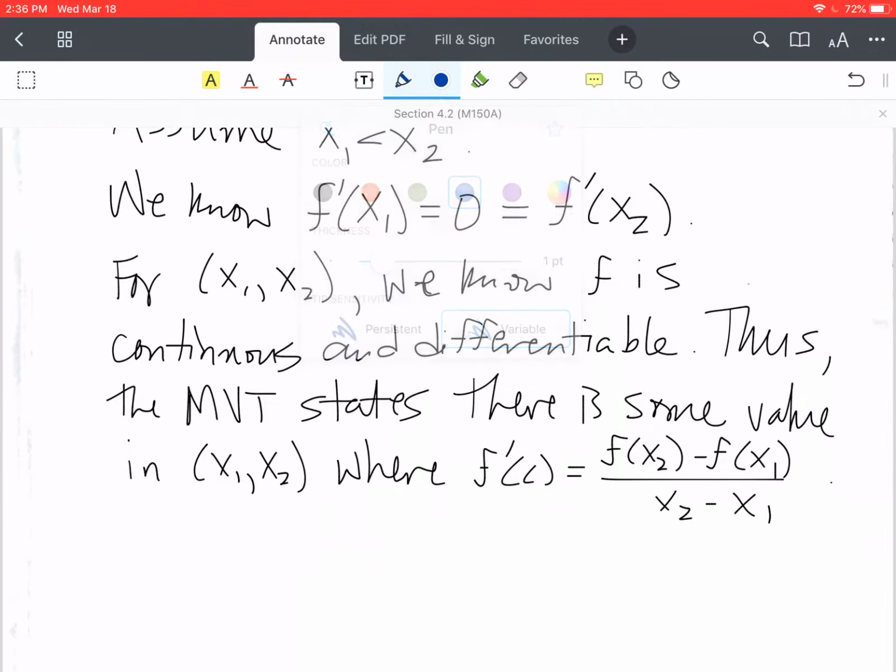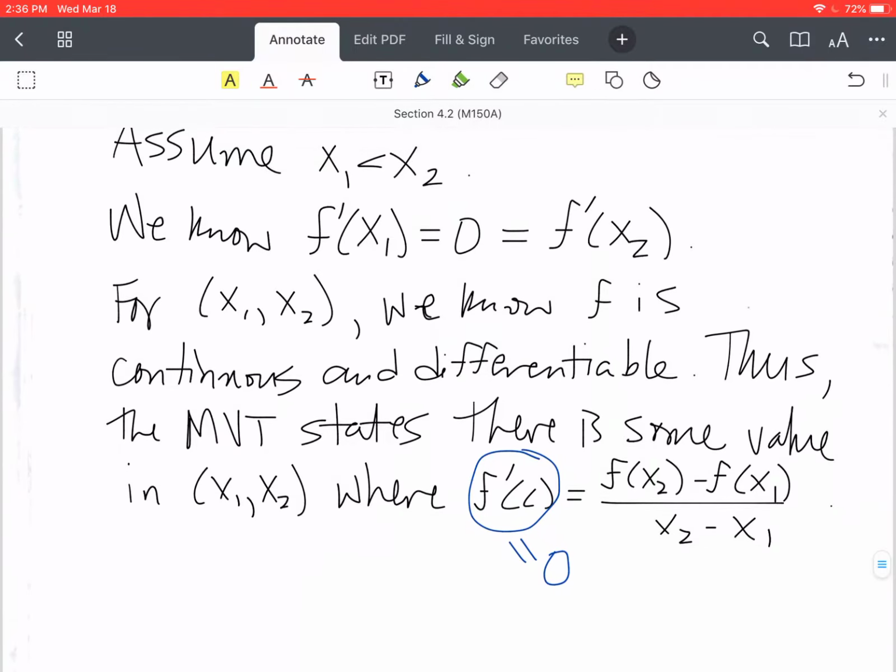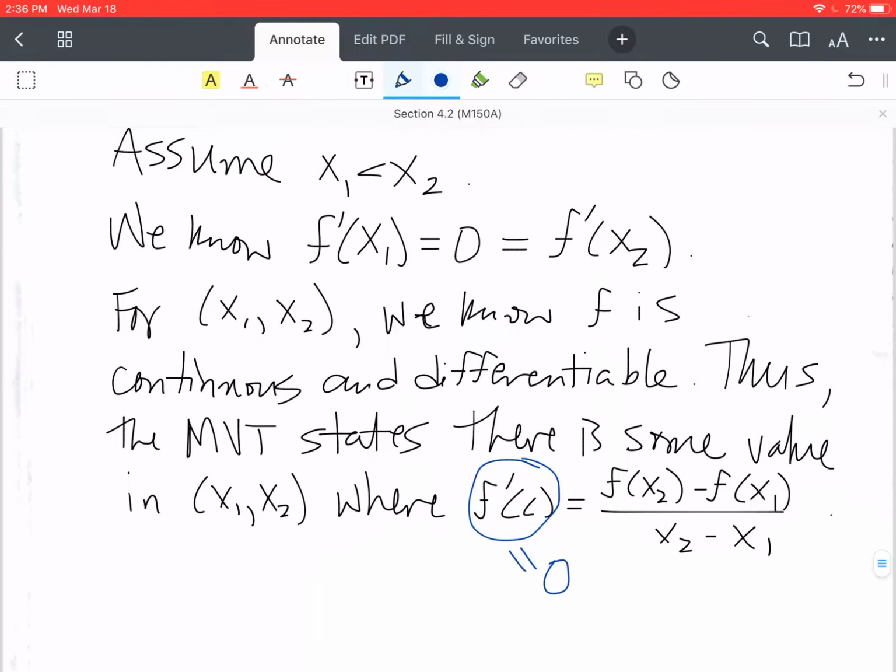Now, this value, f prime of c, we know that the derivative at all points must be 0. And from this statement up here, if I just subtract x1 over, I get x2 minus x1. I know that that's positive. It's not 0, so this is good.